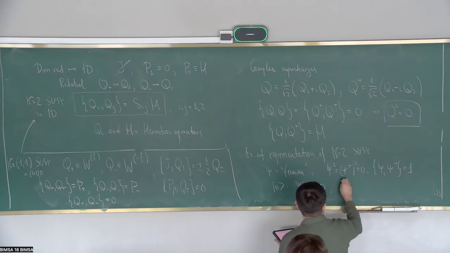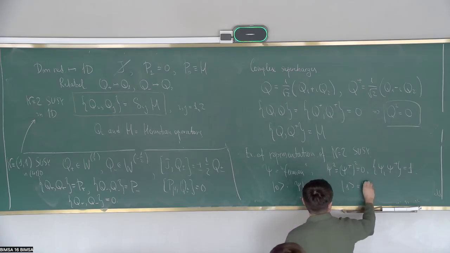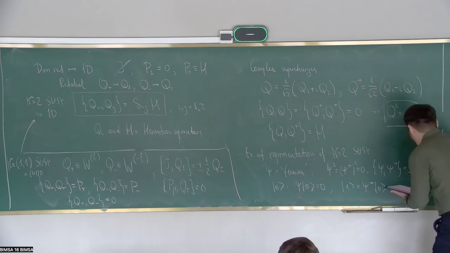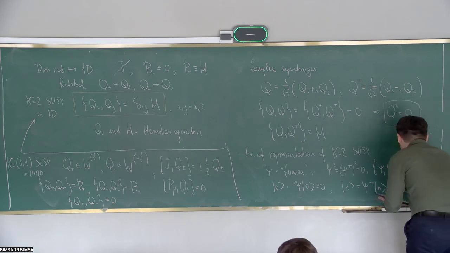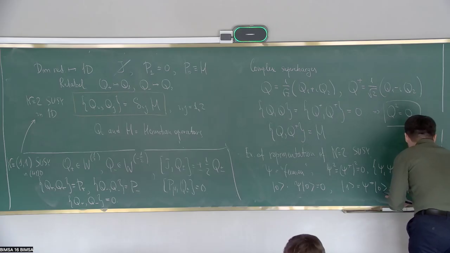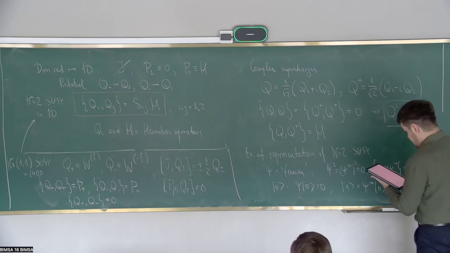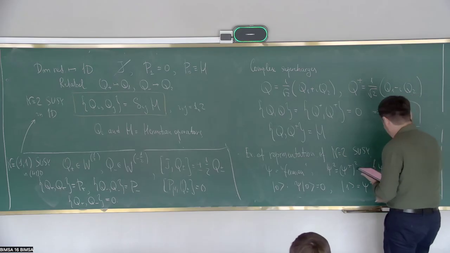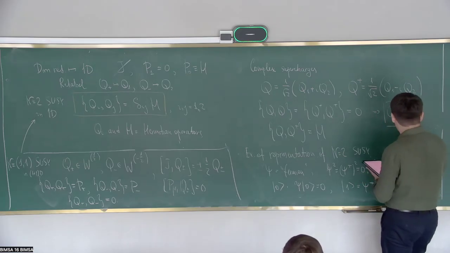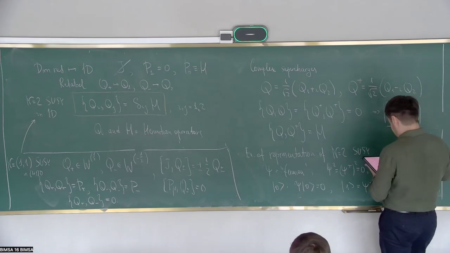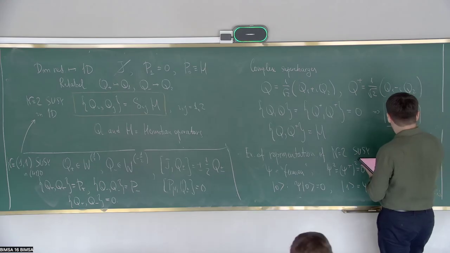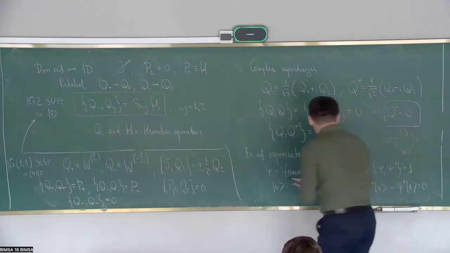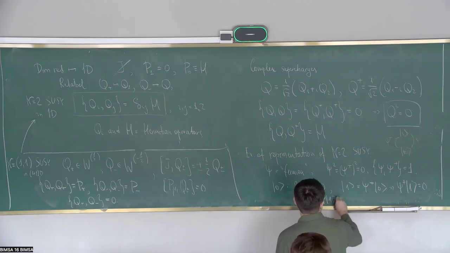Then we construct a one-particle state by acting with ψ†. So ψ acts between state 0 and state 1, and ψ† acts the other way, and ψ squared is 0.